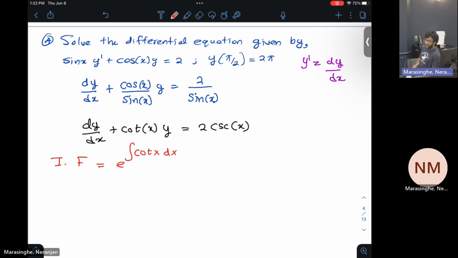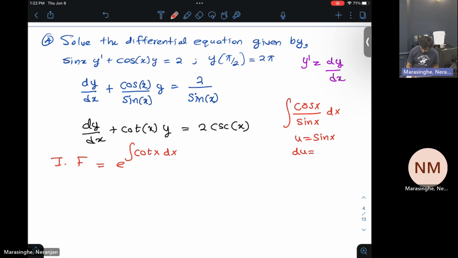What is the integral of cotangent? Normally I derive that. So this is how you get that. Cotangent is cosine divided by sin x, right? You use the substitution u equals sin x.